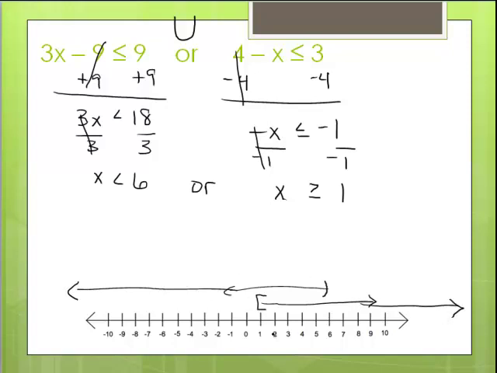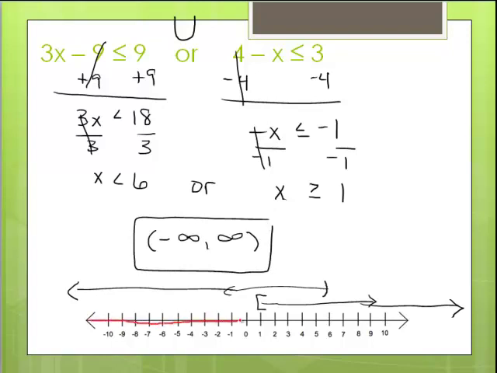Well, if they're overlapping and we want everything in both, wouldn't that be the entire number line? Okay, so if that's the case, you would say the solution set is negative infinity to infinity. To graph that, you would literally put a line over the entire number line and put arrows at the ends. So you're saying we want that entire number line.